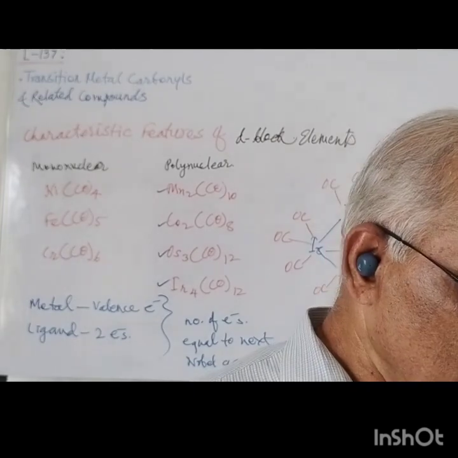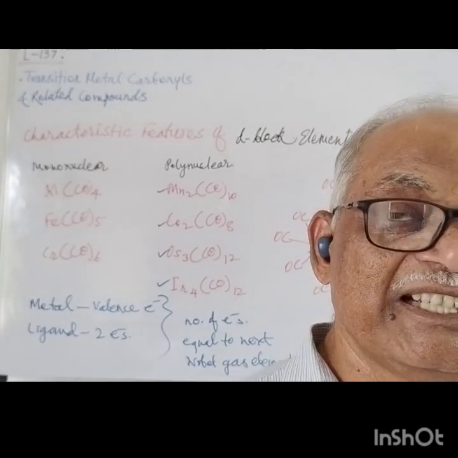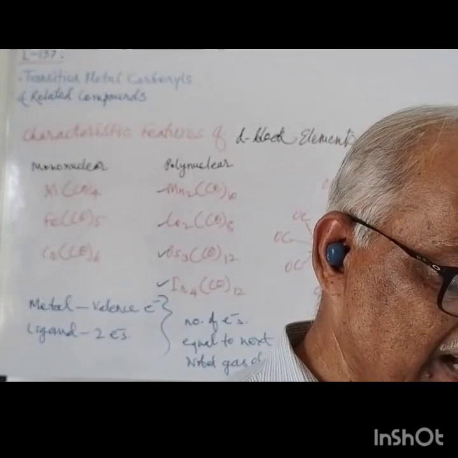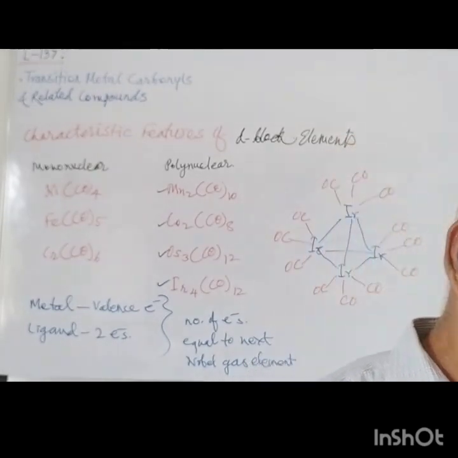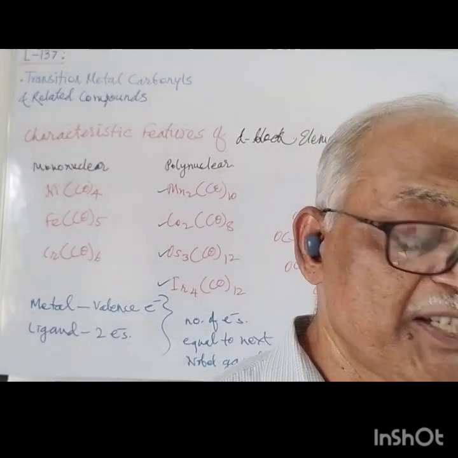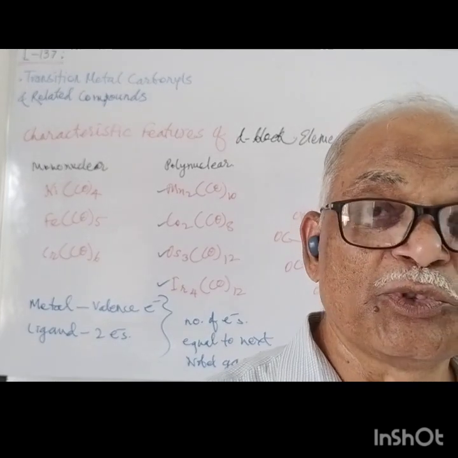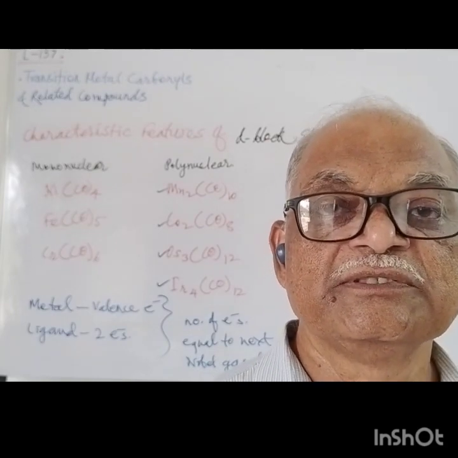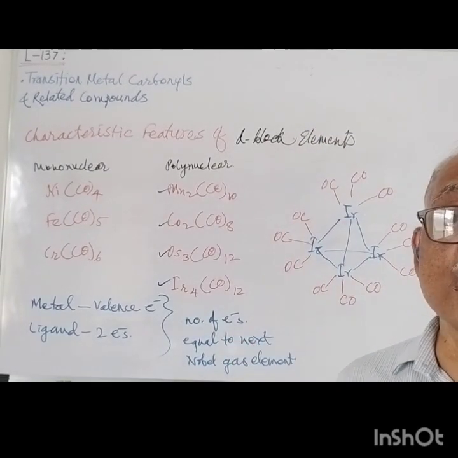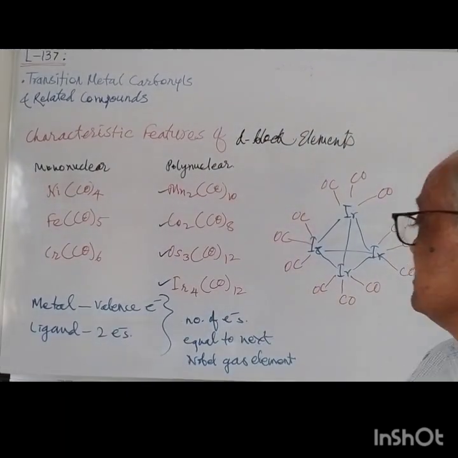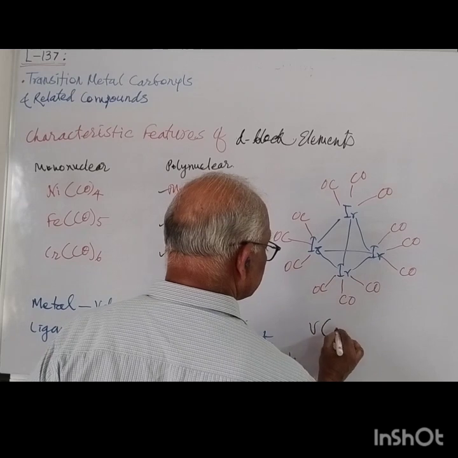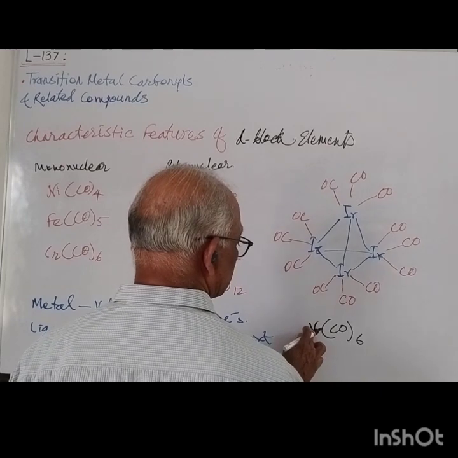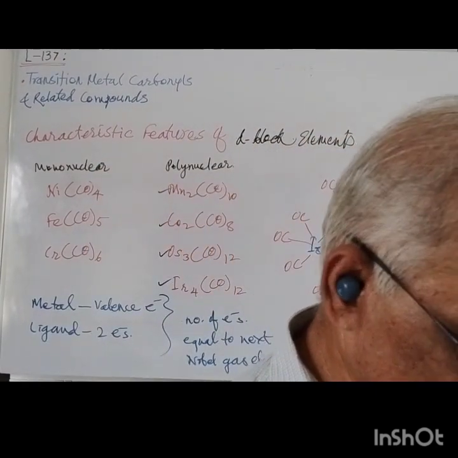So this is of considerable utility in designing a variety of complexes, that is metal carbonyls, nitrosyls, isocyanides and their substituted products. So this rule is commonly observed, but still there are some exceptions in which the noble gas configuration is not attained. We can take the example of vanadium hexacarbonyl, VCO6.